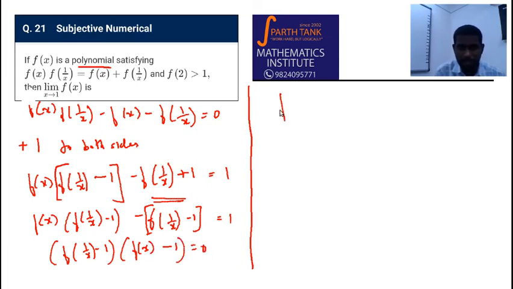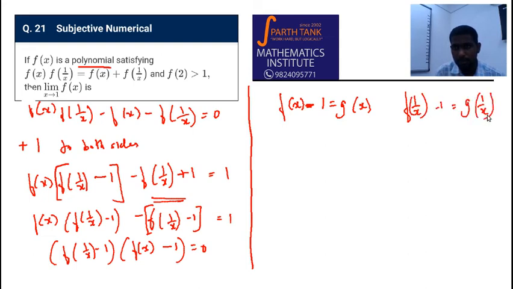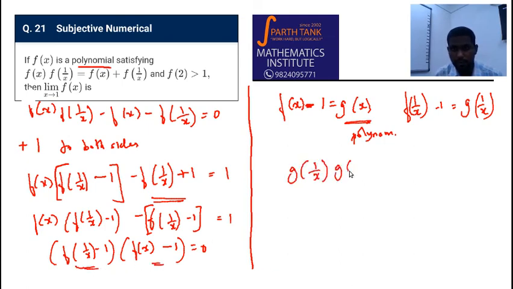Now let us say that f of x minus 1 is some g of x. Therefore, f of 1 by x minus 1 would be g of 1 by x. And since f of x is a polynomial, g of x also is a polynomial, right? Therefore, this equation becomes g of 1 by x into g of x is equal to 1.